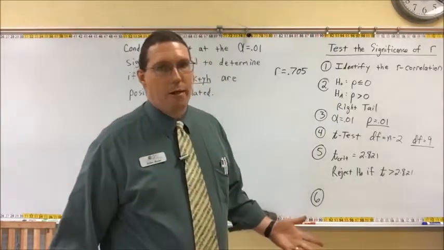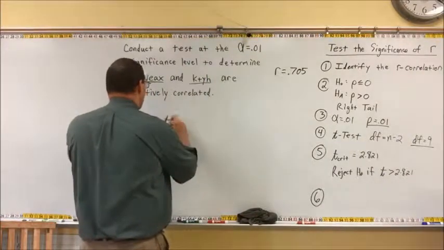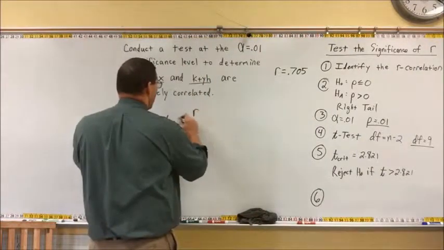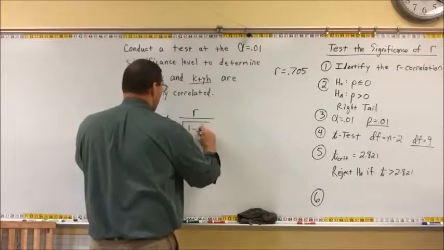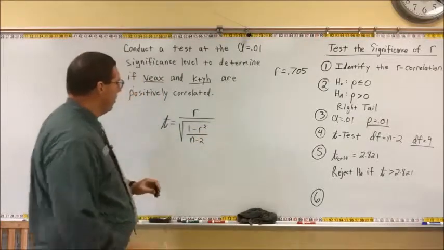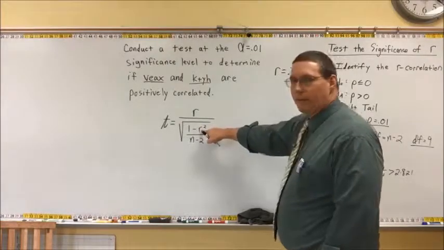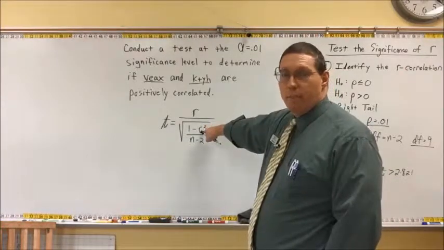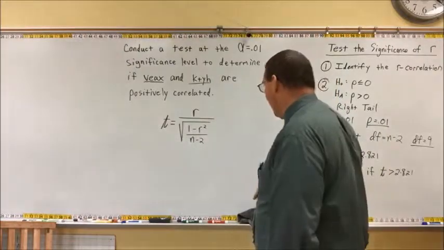The only thing we need now is a t-statistic. So we know that the way we calculate it is r divided by the big square root of 1 minus r squared, divided by n minus 2. Now, if you wanted to, you could calculate r squared first, but that could give you a rounding problem, so be careful about doing that.